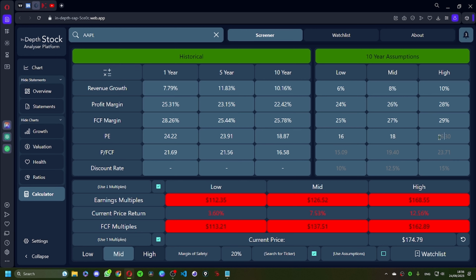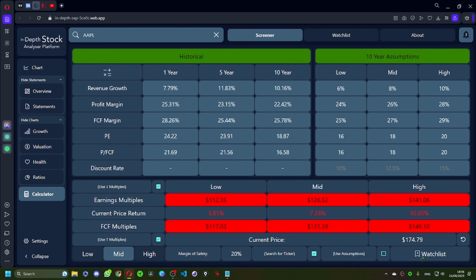And you can see that Apple is actually extremely overvalued according to this calculator, right? Which was expected. But this depends on what you would like to get for your money. So if you're fine with a 7% return, you would be good buying it at this price if these metrics become true. And that's basically how it works.